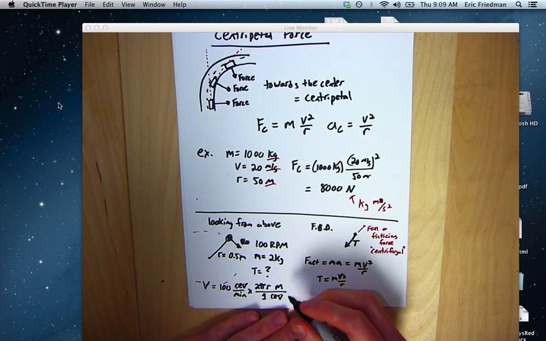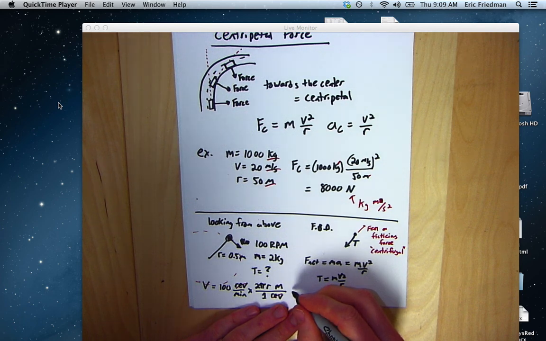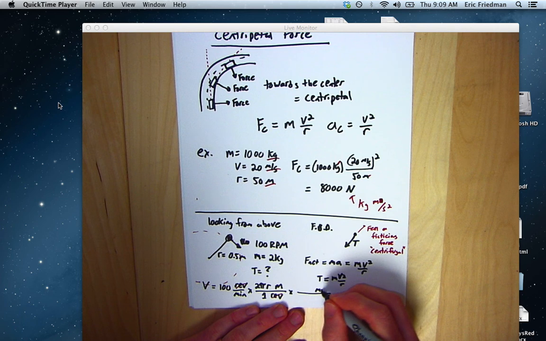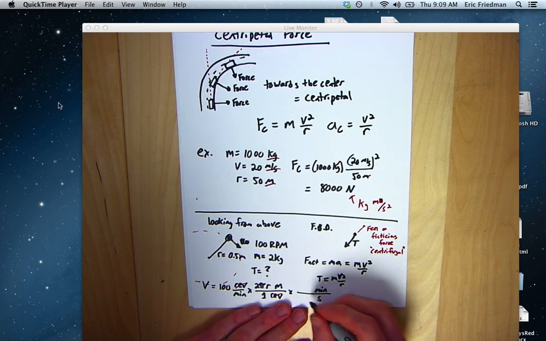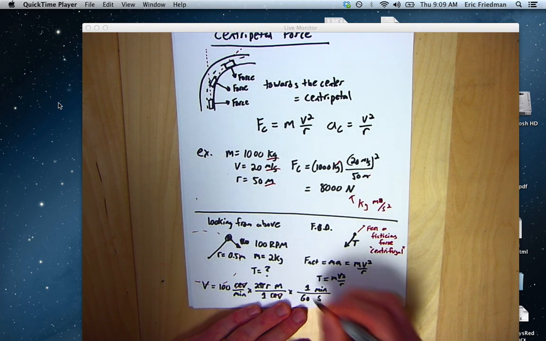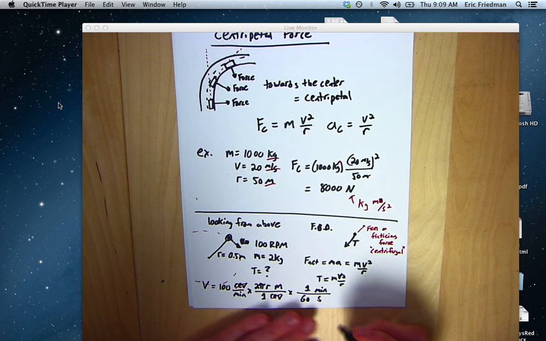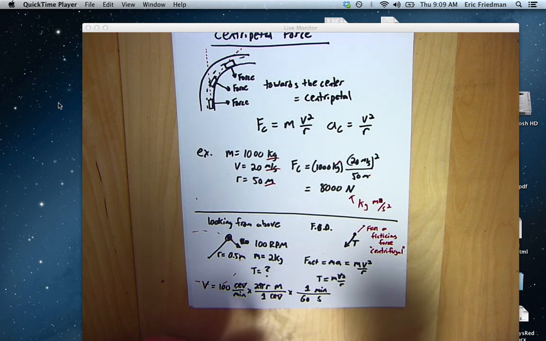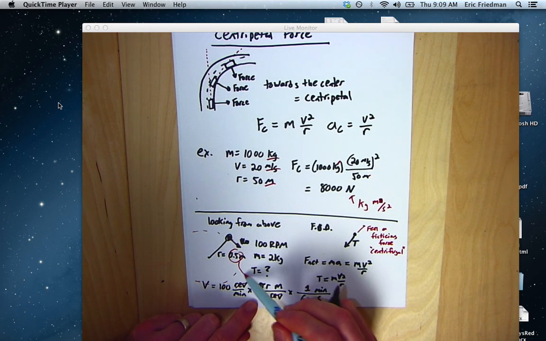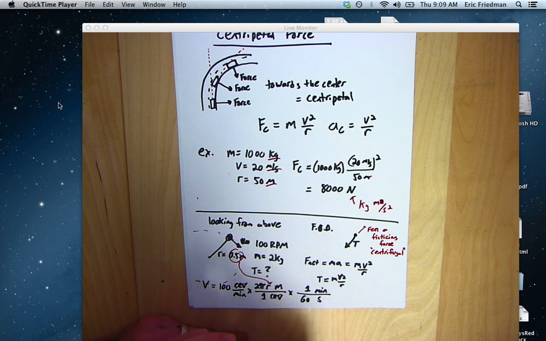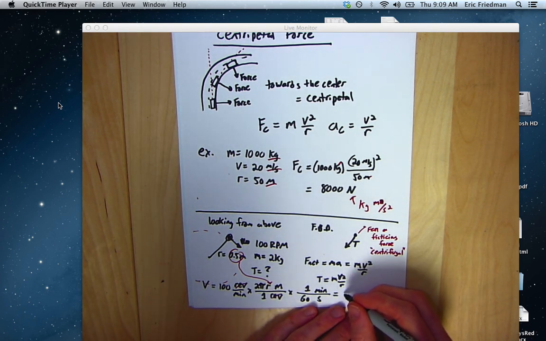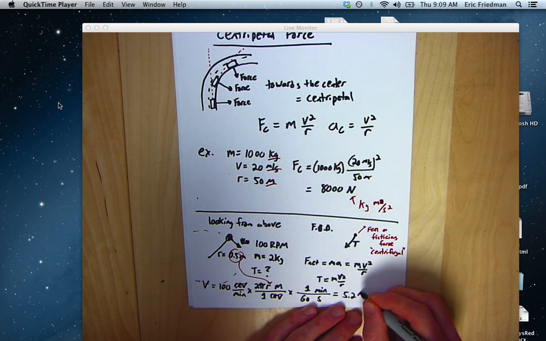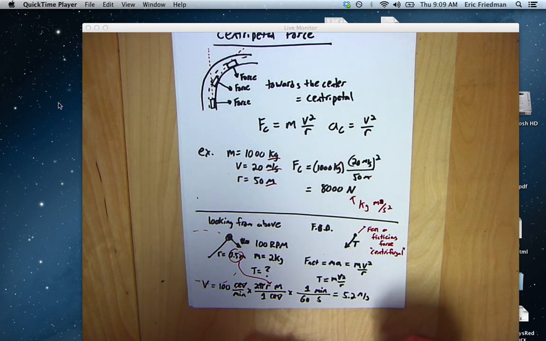This is just kind of what they do in chemistry. And then I want to get something with minutes on the top and seconds on the bottom. So what am I going to do? Well, 60 seconds is 1 minute. And if I work this out and plug the numbers in, remember r is half a meter, what I get is, I did this before, 5.2 meters per second.